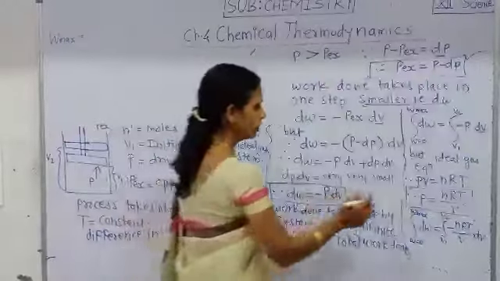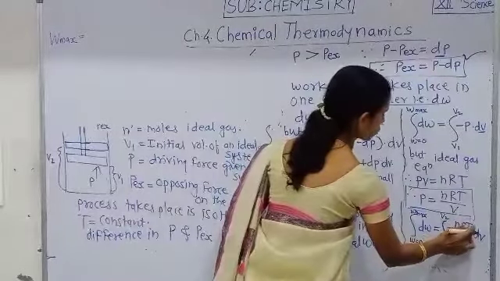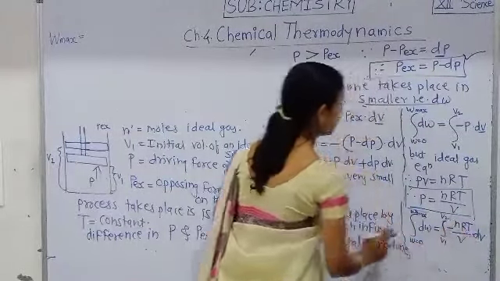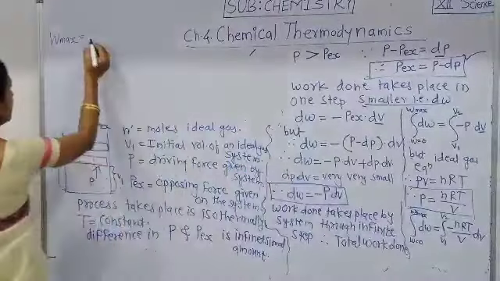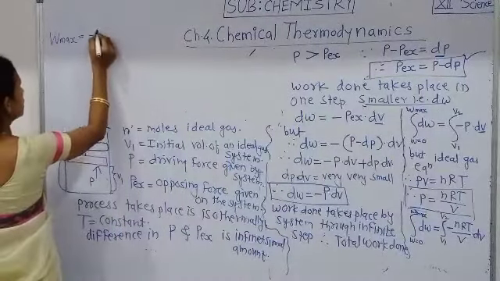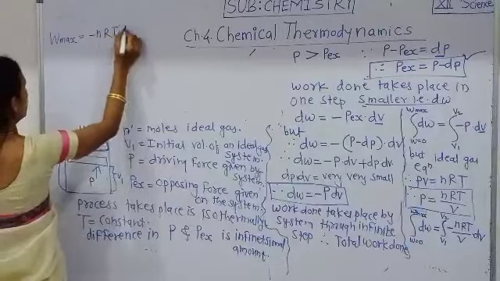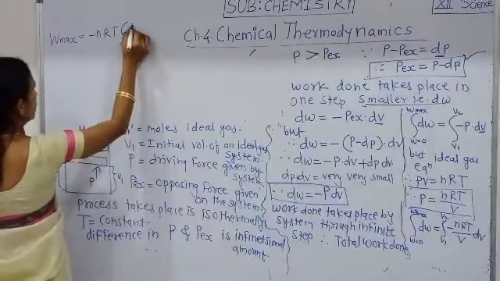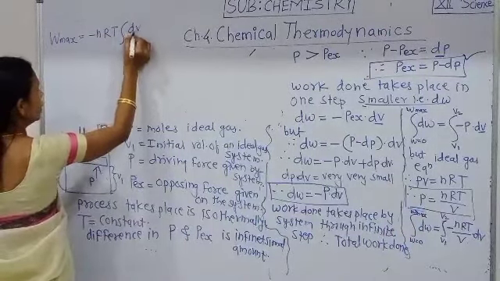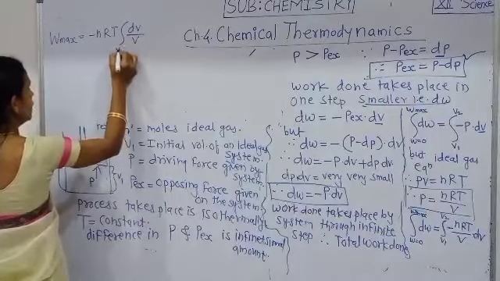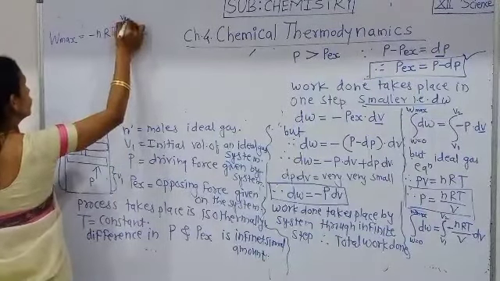Therefore we can write that equation as minus nRT integration of dV upon V within limits V1 to V2.